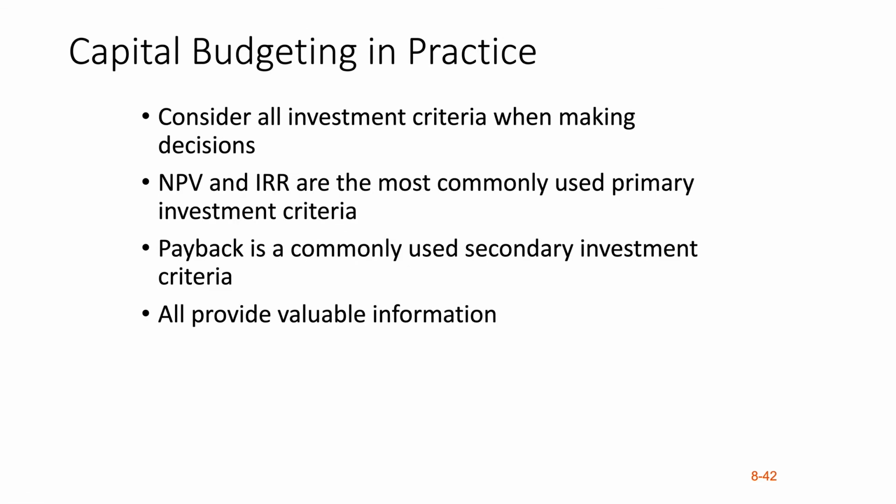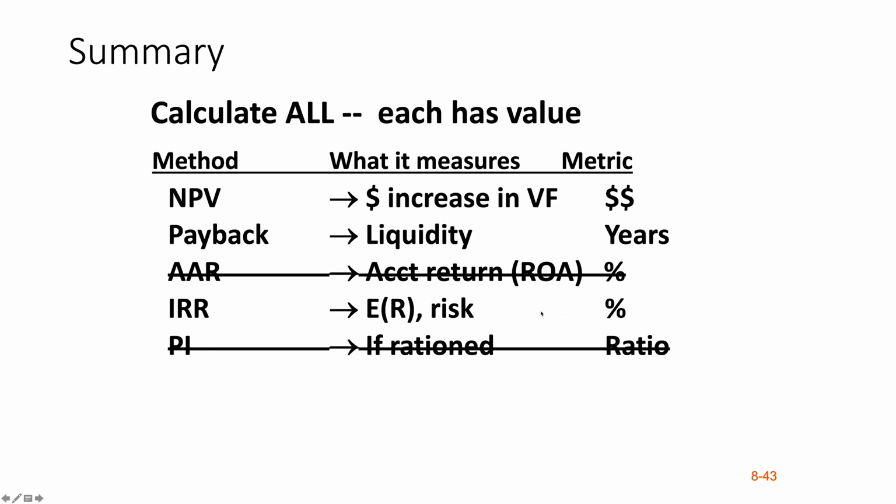So here is a summary. Net present value measures the dollar increase in the value of the firm, in terms of dollars. The criterion should be positive. Payback period measures liquidity in terms of years.